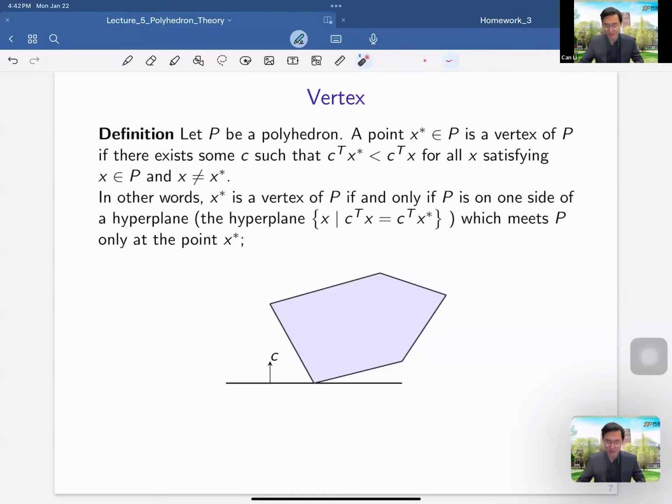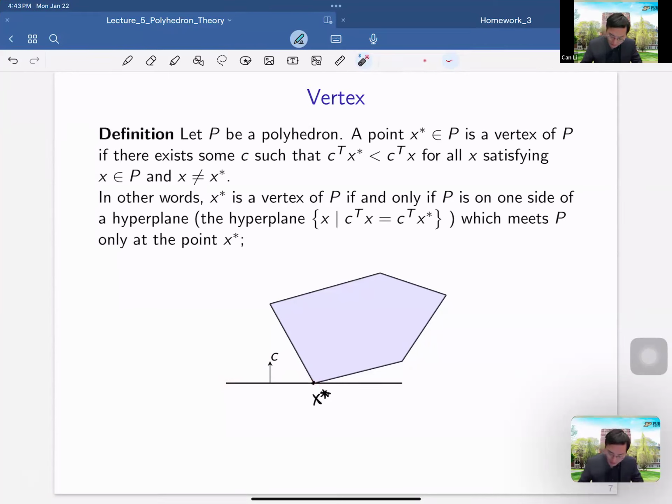Okay, so this algebraic definition may not be that intuitive, but if you look at this figure, it's very easy to show. Let's say this is a point, X star, right? And this is the hyperplane described by the vector C. So the C is in this direction, and then the hyperplane is this hyperplane here. As you can see, C transpose X star, of course, is equal to C transpose X on the hyperplane.